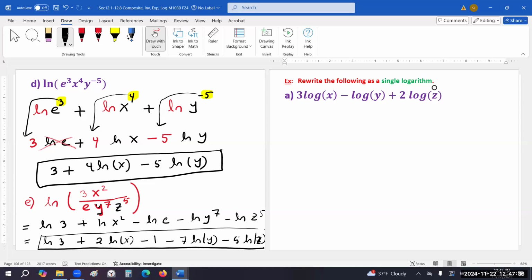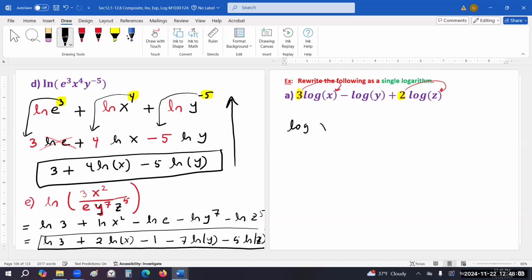If they're minus, they will be multiplied on the denominator. Let's do one together. We are going exactly backward from what we did here. Step 1, we don't want to see any coefficients, so we convert them into powers, into exponents.